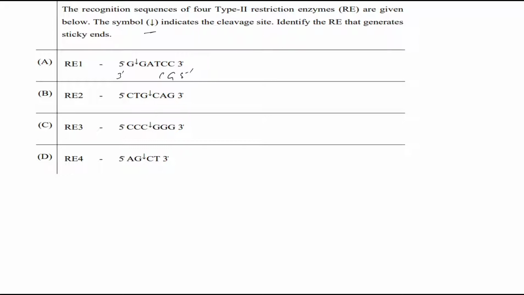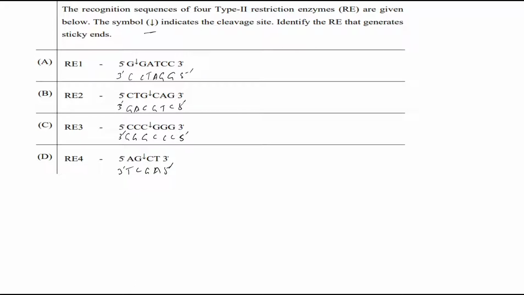Okay. So G A T C, 3 dash to 5 dash, CTG, CAG 3 dash, and this is 5 dash CCC GGG 3 dash and 5 dash AGCT.